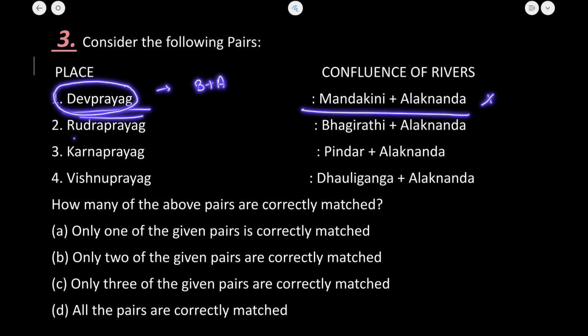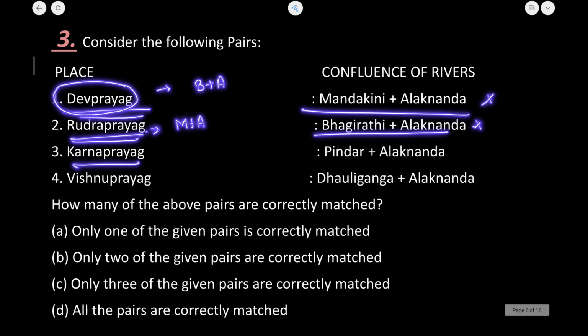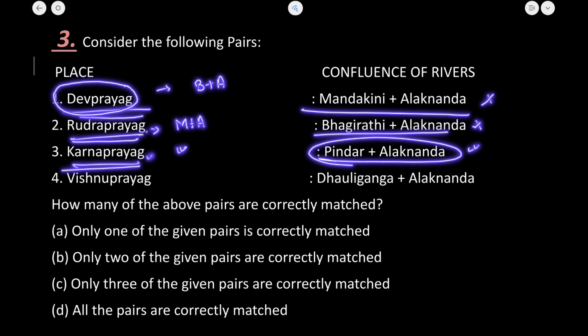If I talk about Rudraprayag, it is the meeting point of Mandakini and Alaknanda. So this is also wrong. So two of these are absolutely wrong. Then there is Karnaprayag. Karnaprayag is the location where Alaknanda and Pindar river confluence. So the third option given here is correct. Then comes the Vishnu Prayag.